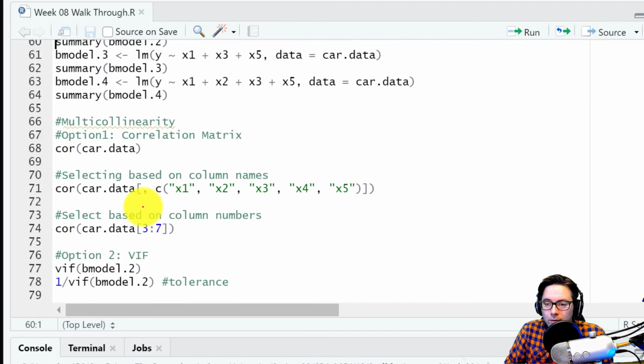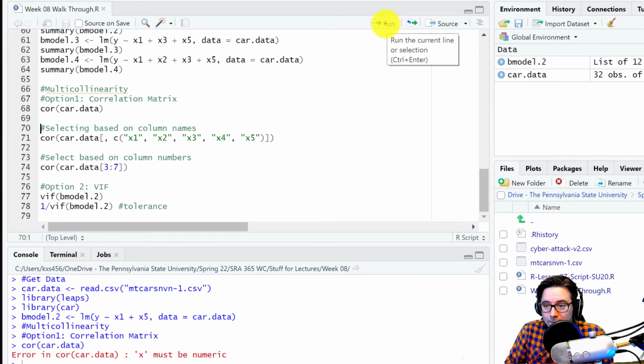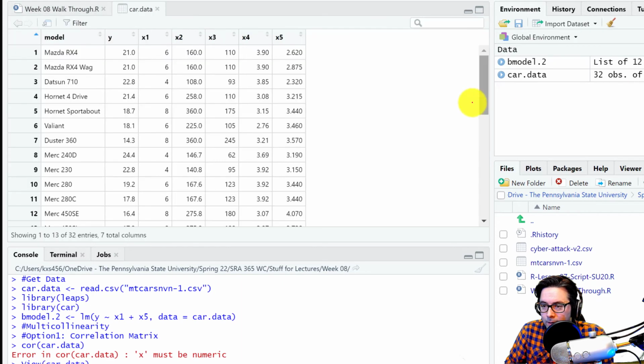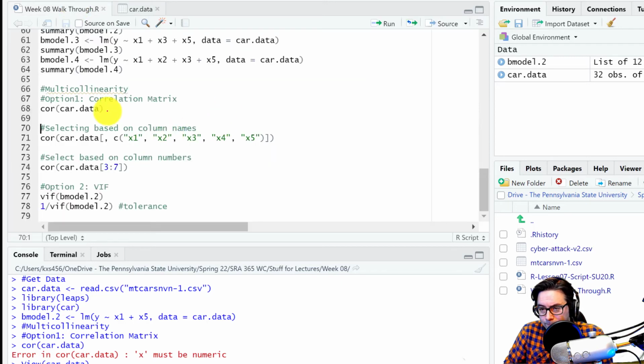So here's the correlation matrix. When we run this, it doesn't like it. The reason why is that when we look at the car data right here, notice that model has categorical variables. This only really works when we're using just numbers. So really, it would only work with these. Okay.